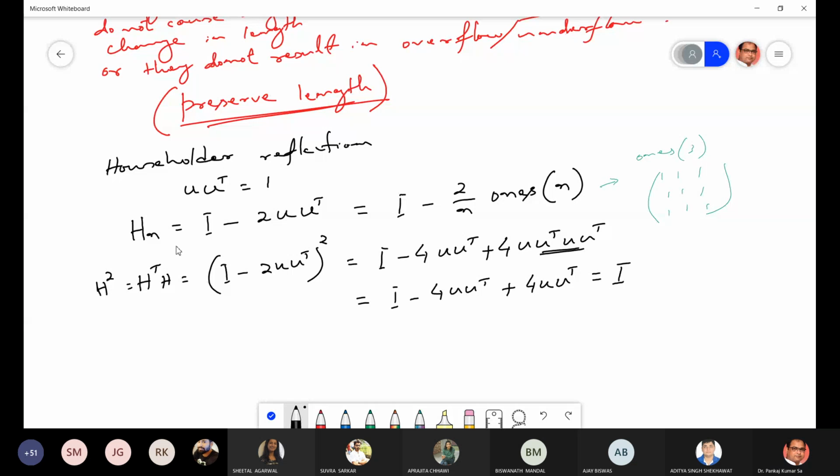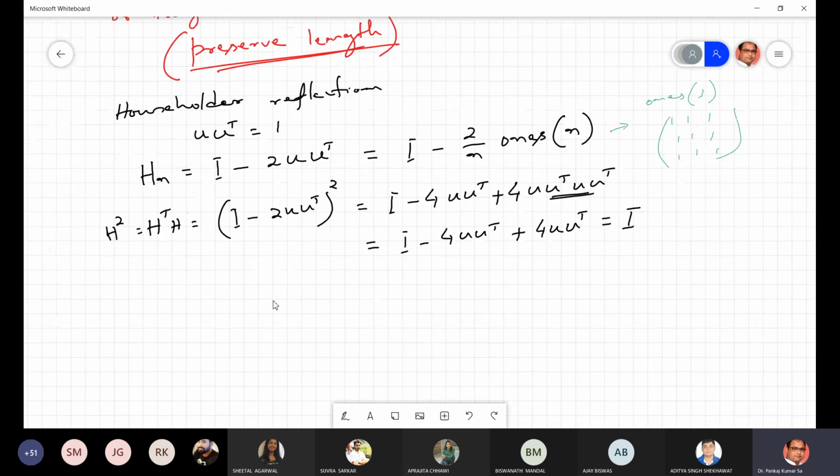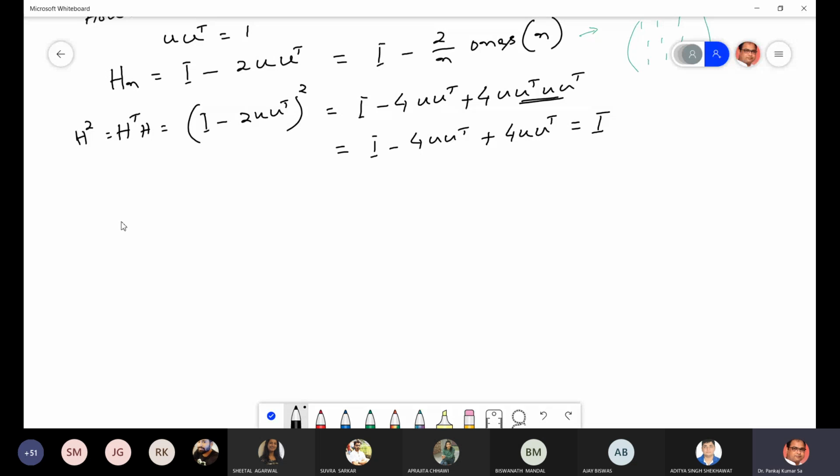So if I talk about, let us take the third order Householder reflection, H3 is equal to. Hello, sir. Yes, is it U transpose equals 1 or U transpose U equals 1? What did I write there? On the top of Hn, you have written U transpose equals 1.